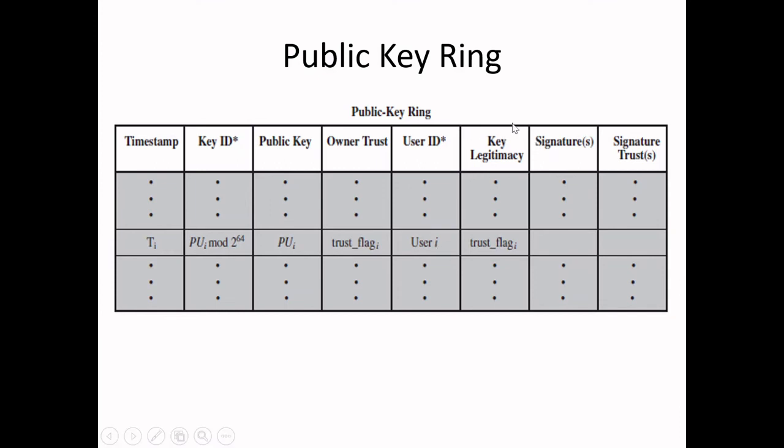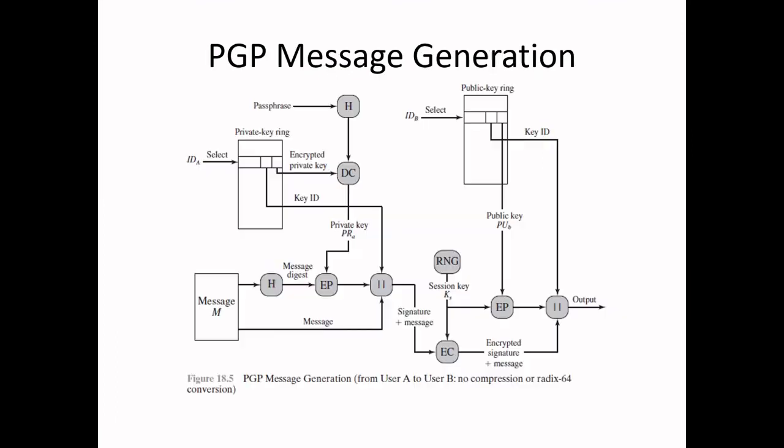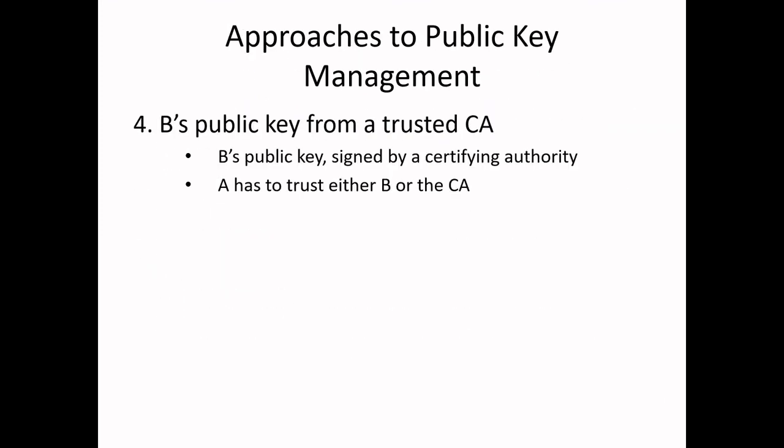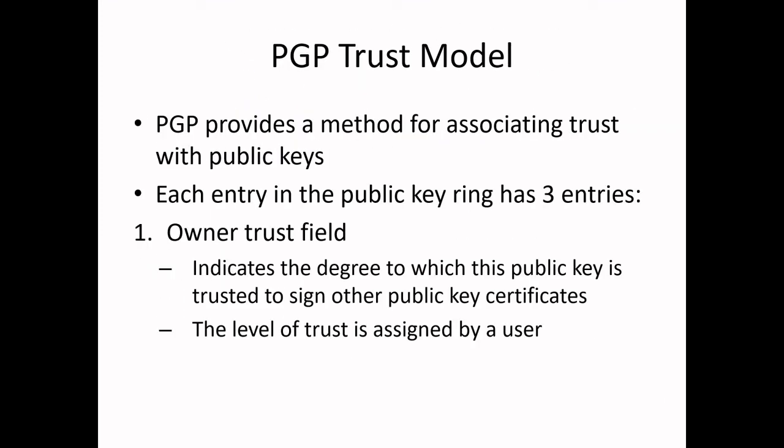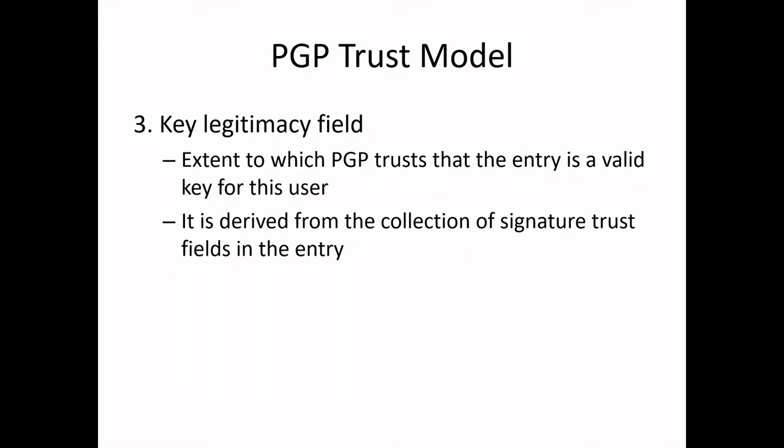Now, the key legitimacy field can be thought of as an average of all the signature trust field values. For this particular entry, you can have multiple signatures and multiple signature trust values, and an average of that is the key legitimacy value. That is how it is calculated. So you have the owner trust field, the signature trust field, and finally the key legitimacy field. These are entries associated with a particular public key.